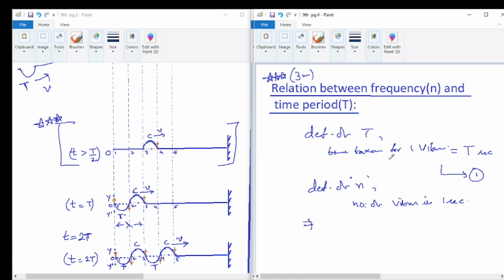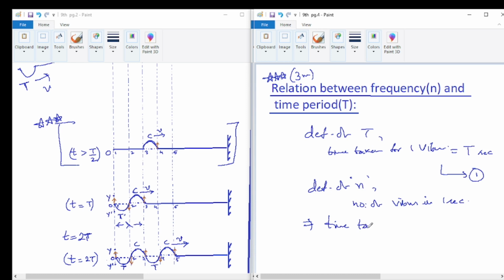The time taken for one vibration is t seconds. So what is the time taken for n vibrations? Number of vibrations in 1 second itself is called frequency. Frequency is n vibrations per second, meaning n vibrations are made in 1 second.